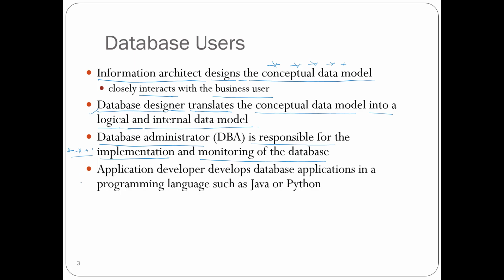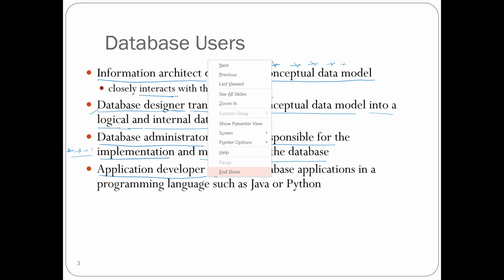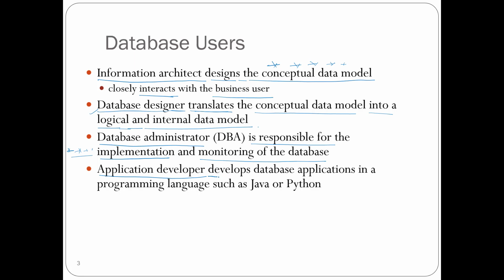Now finally we have the application developer. I should not say finally because I think there is one more category that will be the last, but here in this bullet we are looking at the application developer. Now, what will the application developer do? The application developer develops the database application in a programming language such as Java or Python.